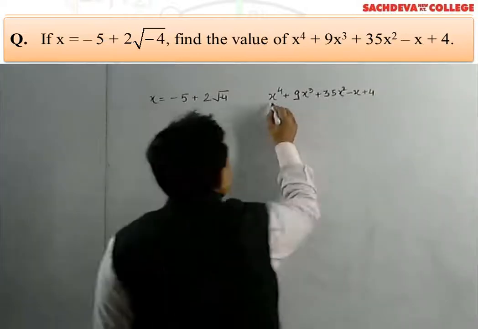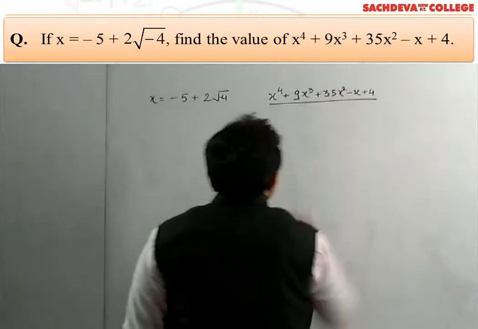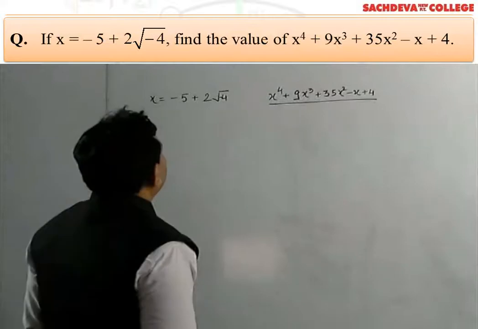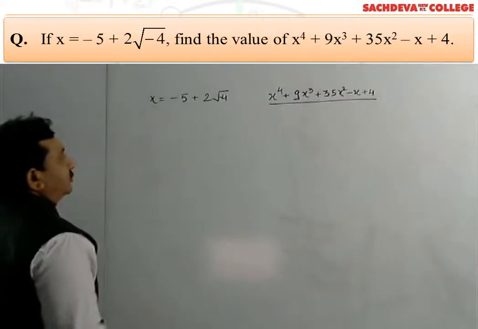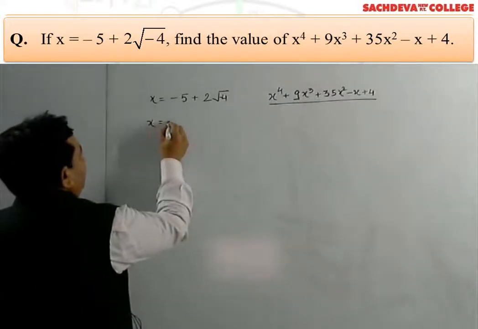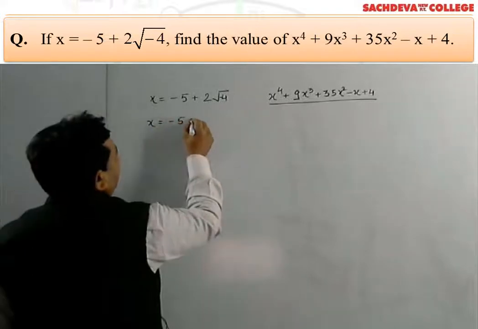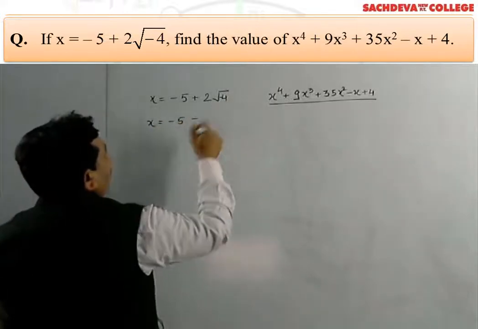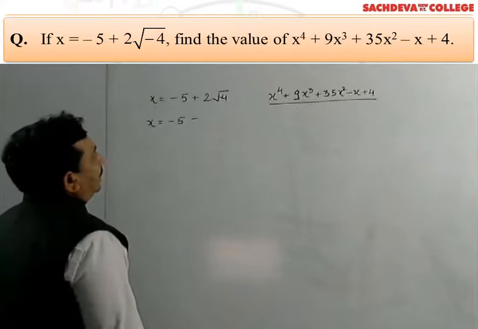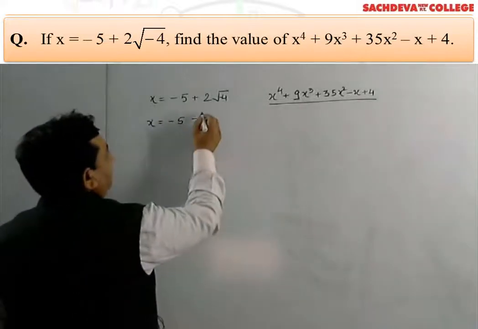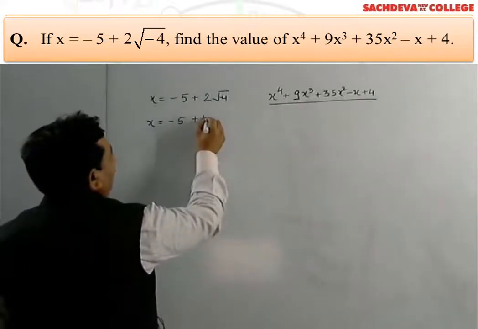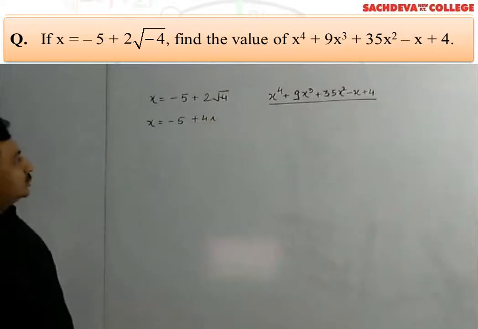We want to find the value of this function, and given that x = −5 + 2√(−4), because √(−1) is i and √4 is 2, this will be 4i. So x = −5 + 4i.